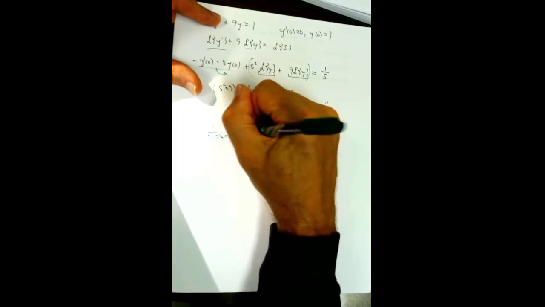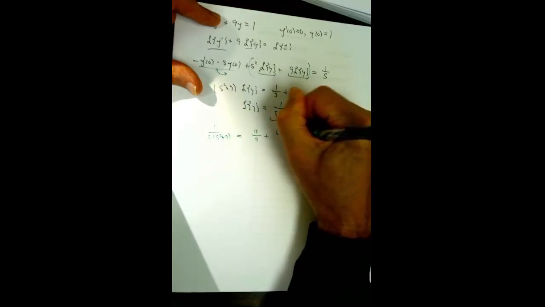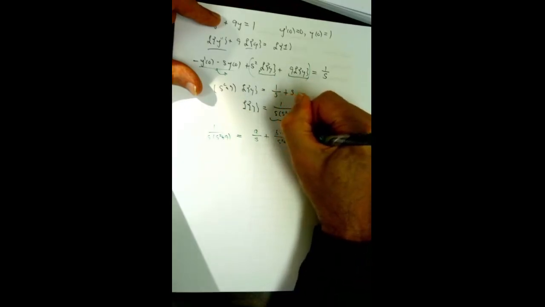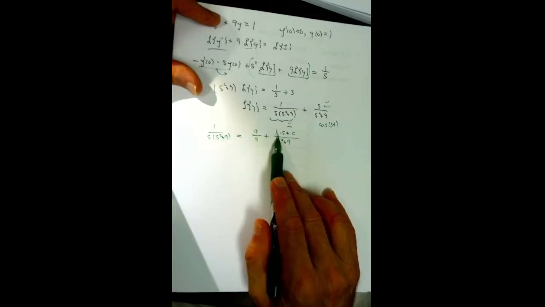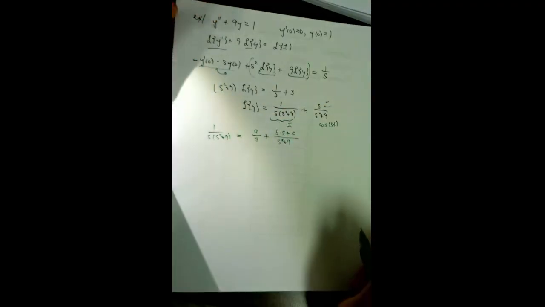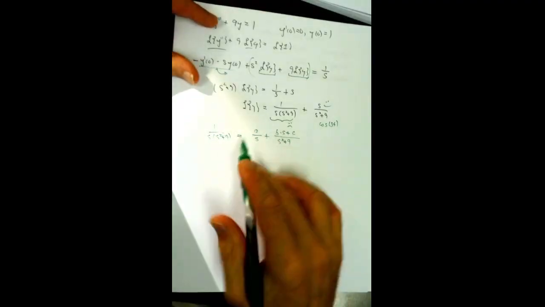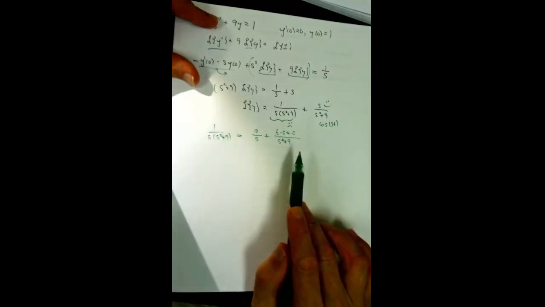So now I'm going to reduce this using partial fractions. So I'm going to have a over s, and then this is a second order polynomial, so I need a first degree polynomial on the top. So b times s plus c. Again, just in the interest of brevity, I'm not going to go through and do this. You should be able to do this on your own by now.